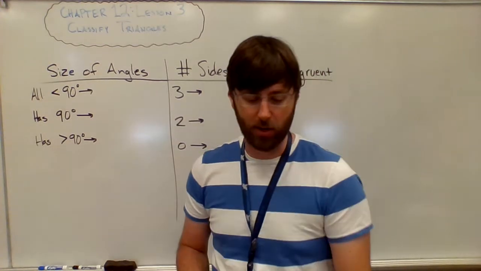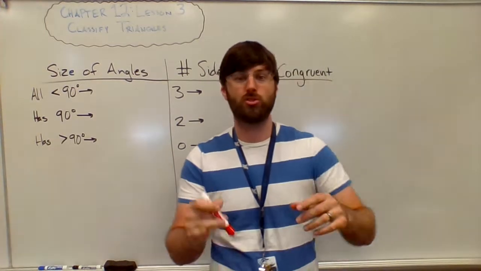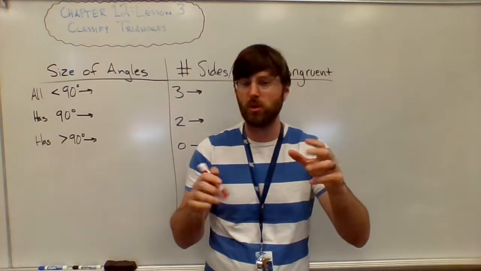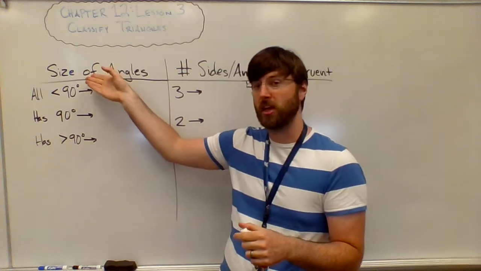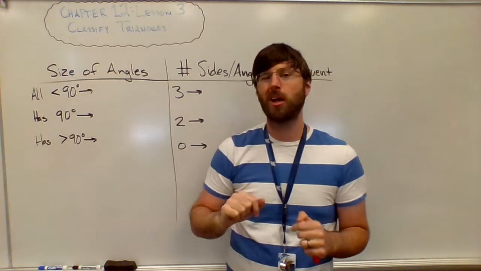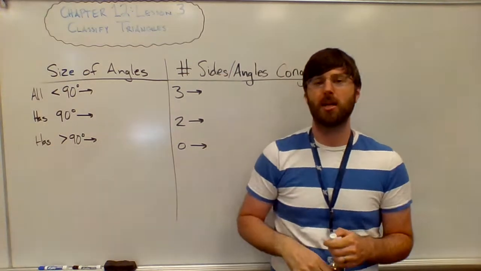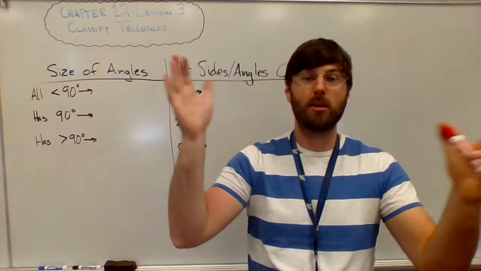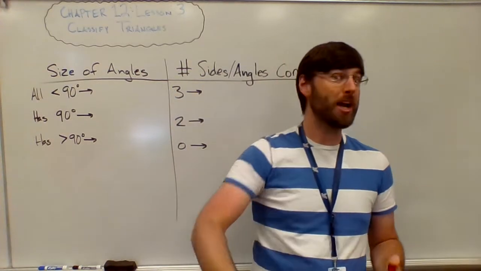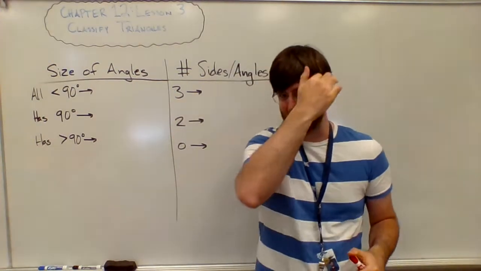Yesterday we talked about how we can classify triangles in two ways. We classify them based on the size of the angles inside them, and we classify them based on the number of sides and angles that are congruent. So there are 6 special words you're going to learn today, and actually none of them are new. I'm going to remind you of 6 special words that you've learned since 3rd grade.